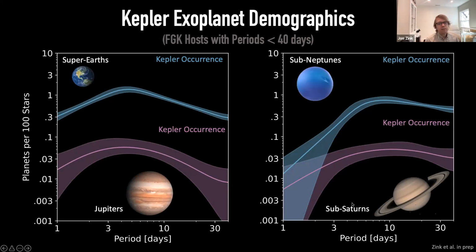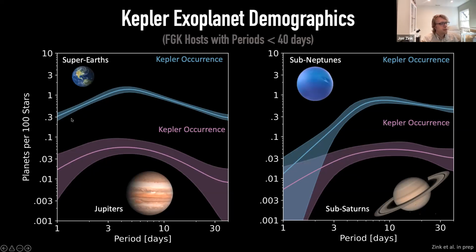It may give us some indication of the disk mass in this short period range, maybe tells us something about migration rates, and so forth. But overall, there's more super-Earths and sub-Neptunes at shorter periods than there are Jupiters and sub-Saturns when accounting for completeness and other selection effects.